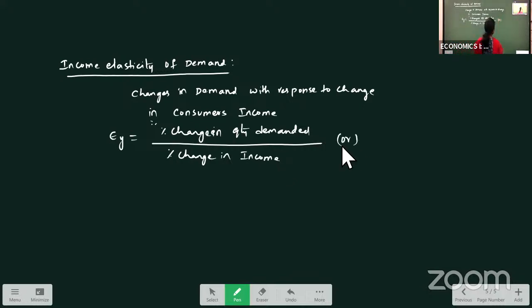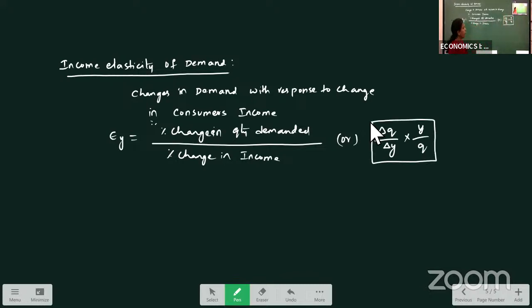Or, here income is represented with Y, so we will write it as delta Q by delta Y into Y by Q. Y is the income, and delta means change. Delta Q by delta Y into Y by Q. This way we calculate the income elasticity of demand.